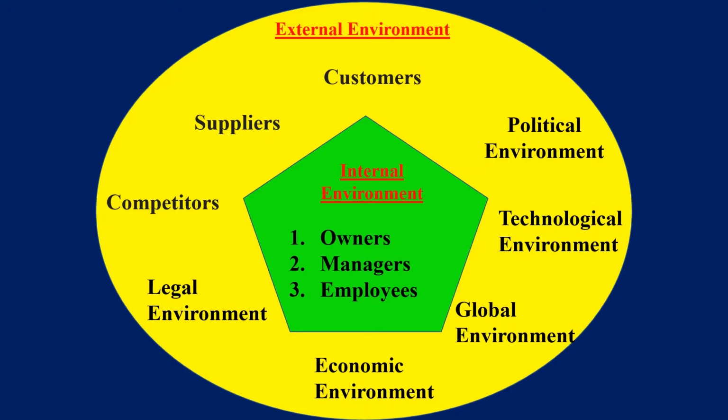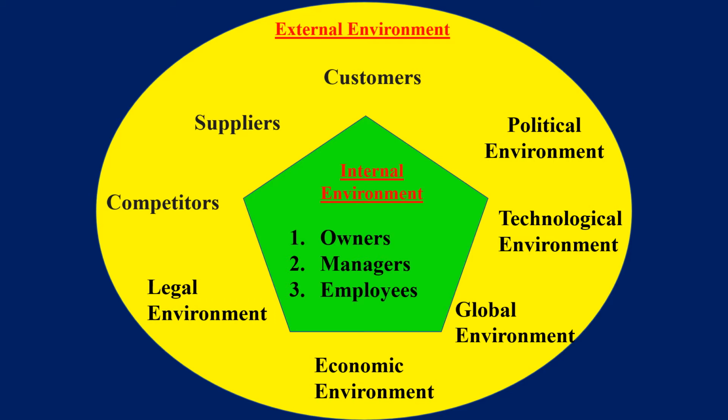Business environment can be mainly classified into two parts: external environment and internal environment. If we take the internal environment, owners, managers and employees are considered as the main parties within the internal environment.